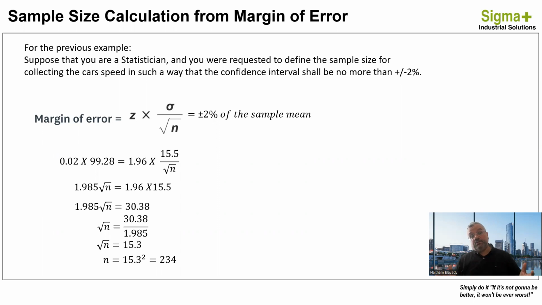So what you can conclude here is that whenever you want a lower percentage of error, the sample size will increase. The first time the sample size was 60, but now the sample size increased to 234. But do not ever forget that whenever you increase the sample size, you will have to spend more cost and time.